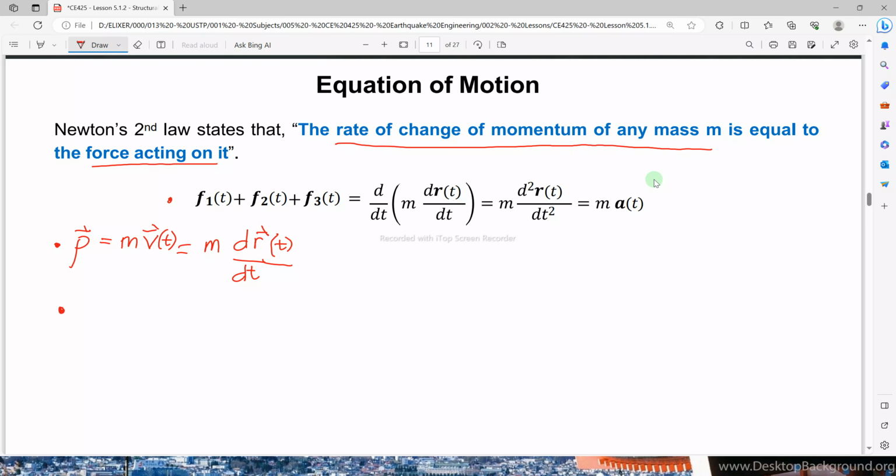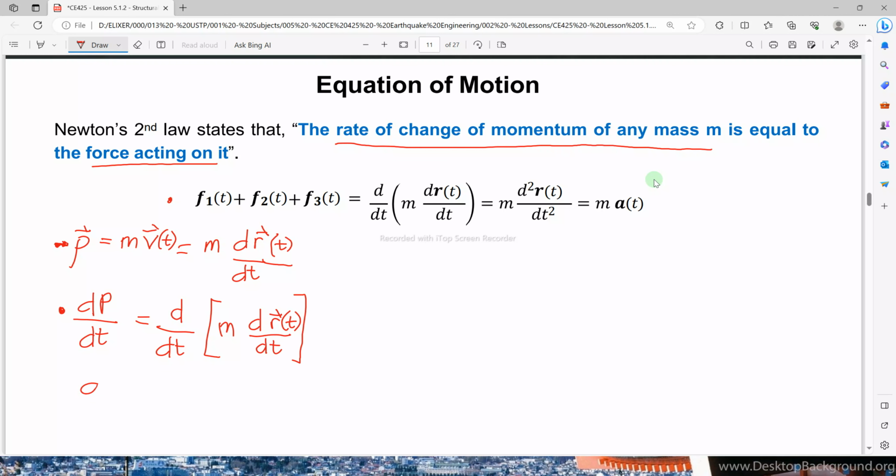The rate of change of momentum is represented by the differential equation dp over dt. So we differentiate this, so that we have the derivative of the mass times the derivative of the vector position as a function of time with respect to time.